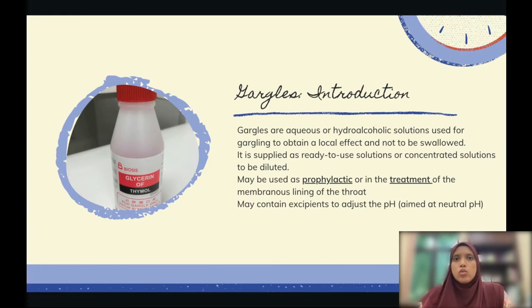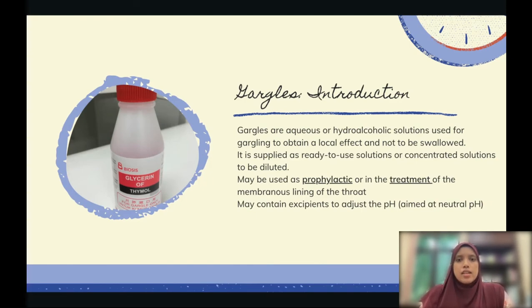We have to tell the patient that this should not be swallowed. It is supplied as a ready-to-use solution or a concentrated solution to be diluted. Most of the time, gargles supplied at clinics or hospitals are in the form of concentrated solution, so we have to tell the patient the method to dilute the preparation.